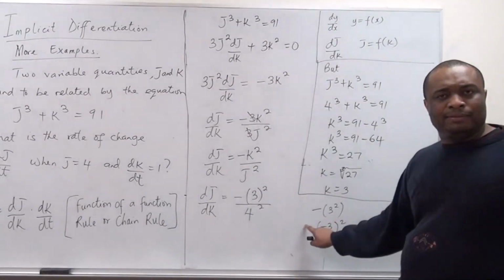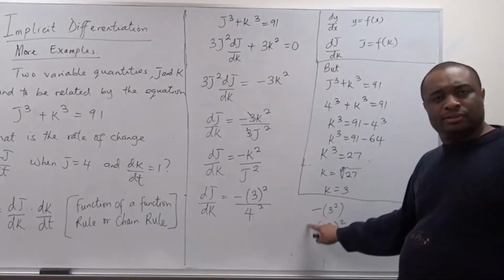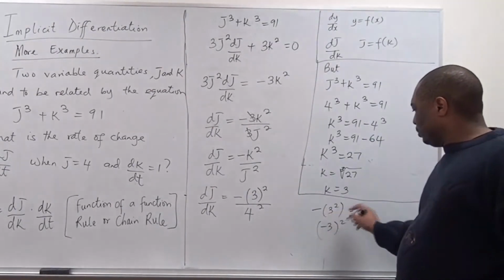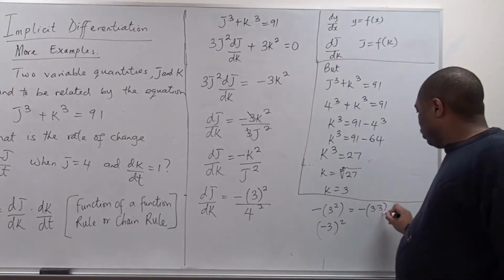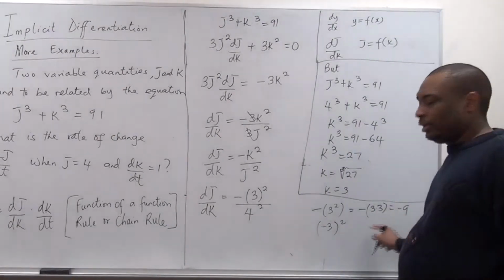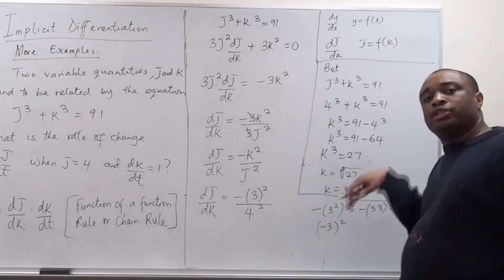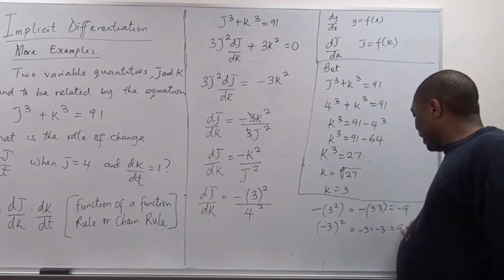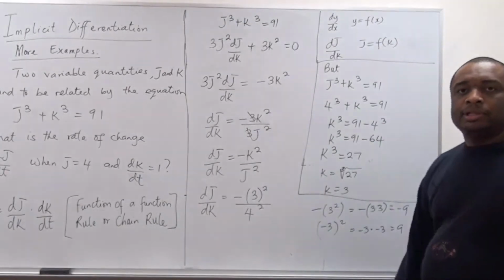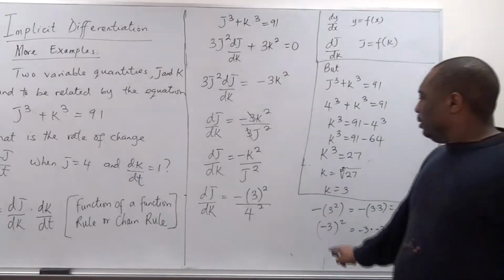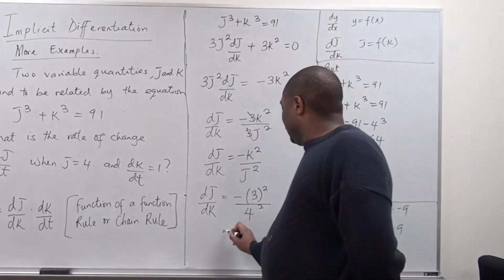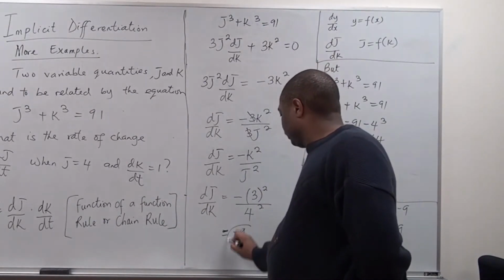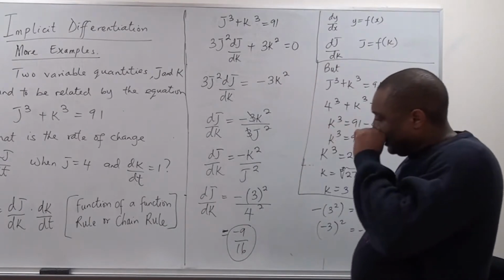Students sometimes confuse these two to mean the same. They don't. This case will give you negative 3 times 3, which is negative 9. But in this case, negative 3 all squared will give you negative 3 times negative 3, which is 9. So be careful not to get confused here. So this will now give us negative 9/16. That is for the j dk.